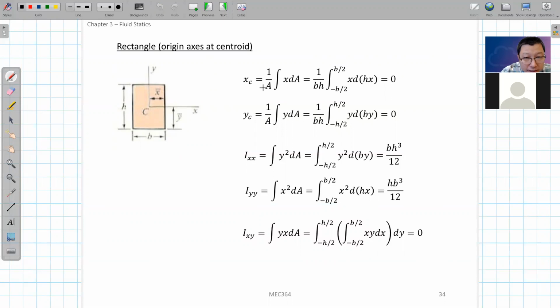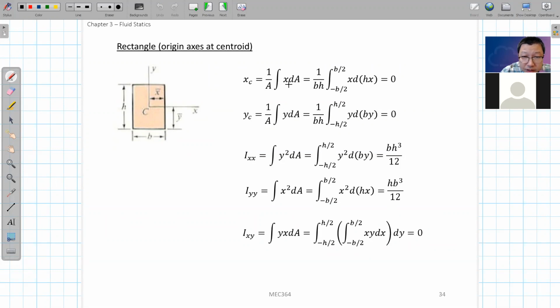So how do we calculate the centroid of it? This is the first moment on x, and this is the first moment on y. You just divide the first moment by the total area, so you get the x coordinate and the y coordinate of the centroid. You simply do this integration here.